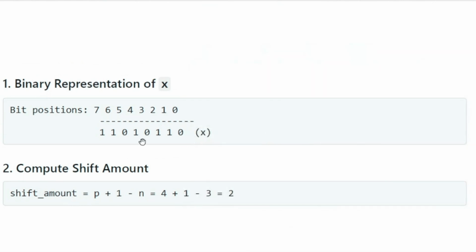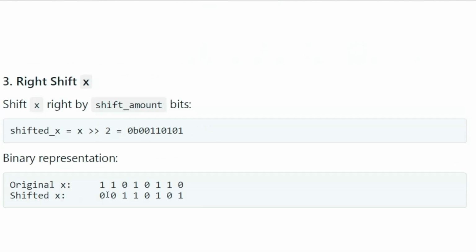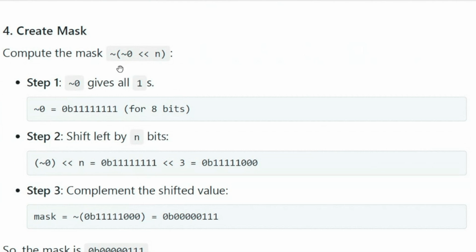But first of all, I need to understand how many shifts I need to do, right? 2 shifts, that is. So the operation is p minus n plus 1. Then I shift it, as I just explained earlier. Then I create a mask. This is the operation you will use to create a mask which retains the last n bits from your string.